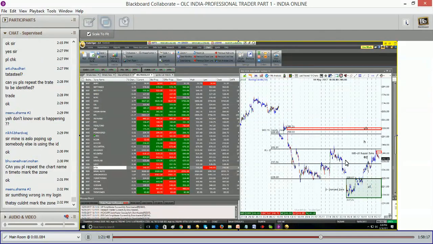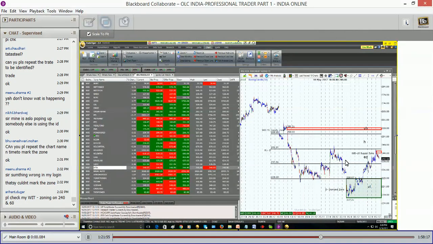Mark it now, Meenu. Arihant, wherever you find a good looking zone with a good level structure, you can use the 75-minute and the 125-minute as well, as I discussed yesterday.